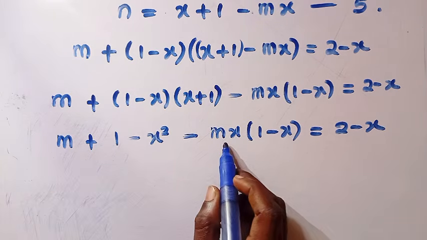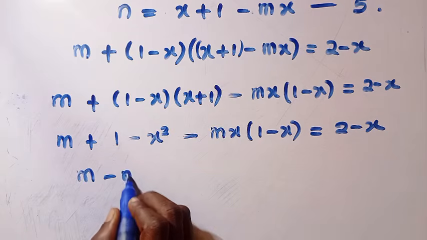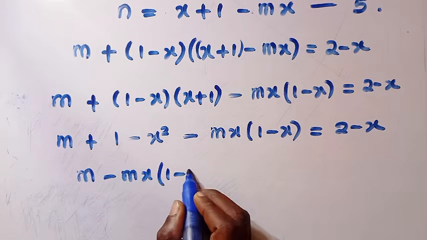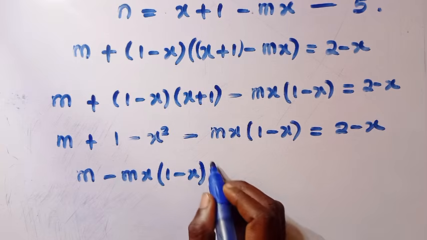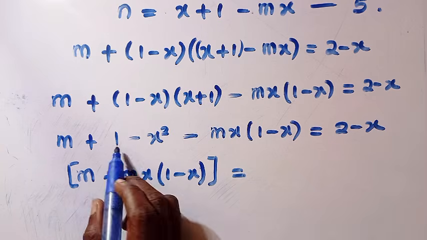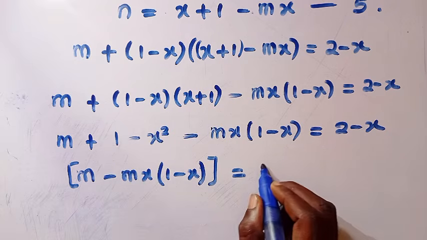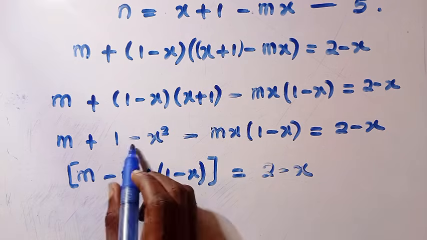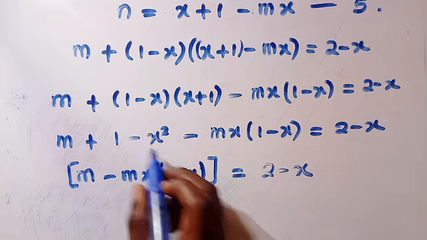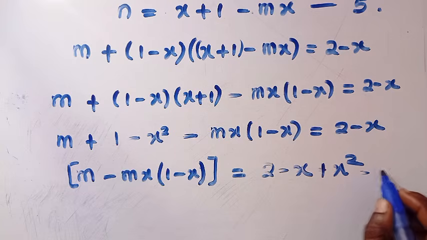Let's combine this together. We have m minus mx into bracket of 1 minus x. So I'm going to bracket this, then equals, let's transfer this 1 minus x squared to the other side. So this gives us 2 minus x. When minus x squared is transferred, it changes to plus x squared, and plus 1 changes to minus 1.